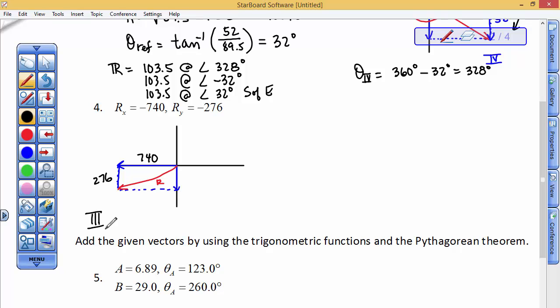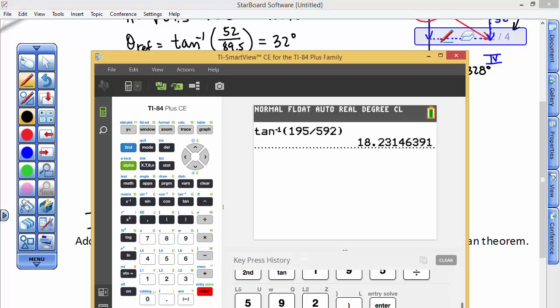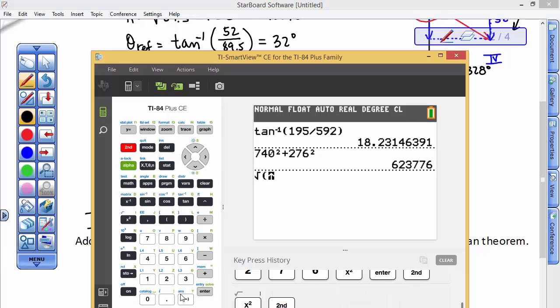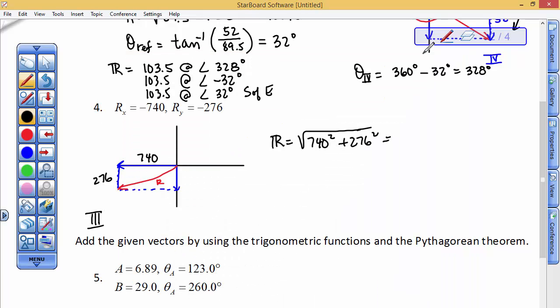So by the Pythagorean theorem, if you take 740 and square it, and 276 and square it, let's do it on the calculator. 740 squared plus 276 squared, and then second square root of that previous answer, so 789.8.